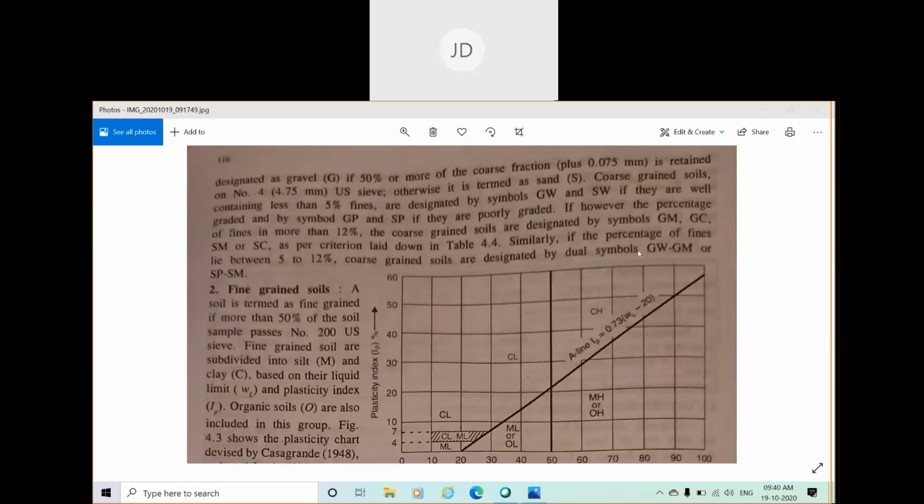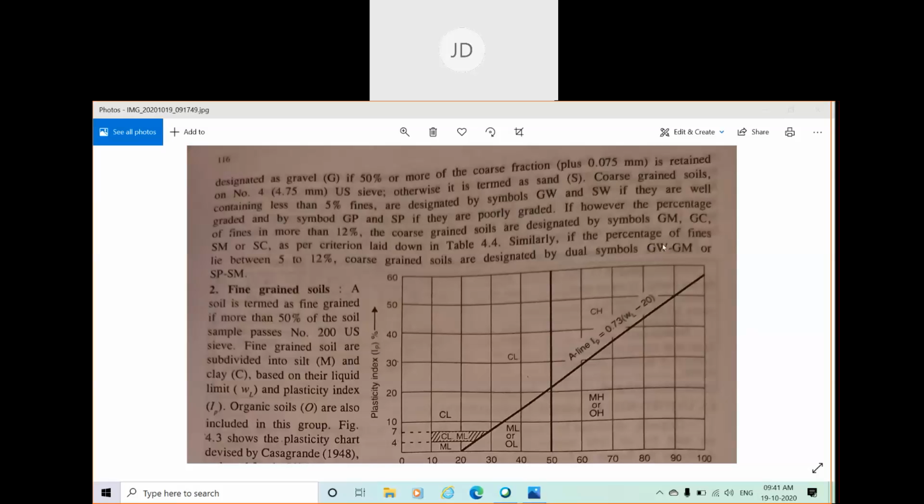Now you can see the dual symbol represented here. Just seeing this symbol, you have to understand that this type of soil contains fines between 5 to 12%. How to understand this? Suppose this soil is GW-GM, with a dash given here. From this symbol you have to understand the soil is gravel. First, more than 50% of the soil is gravel, a coarse-grained soil.